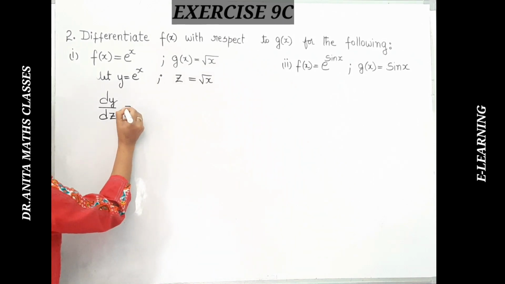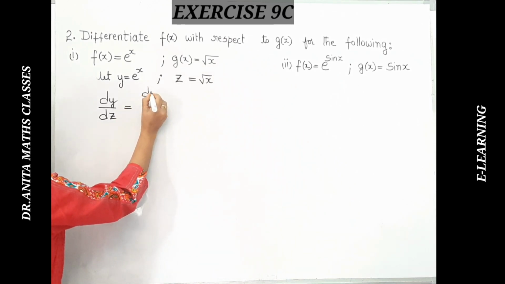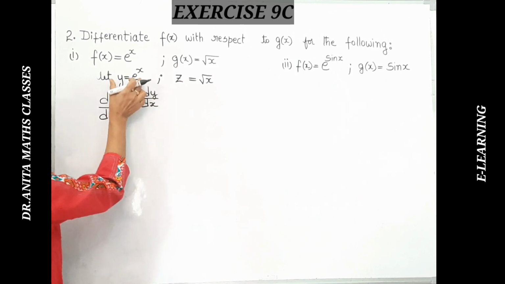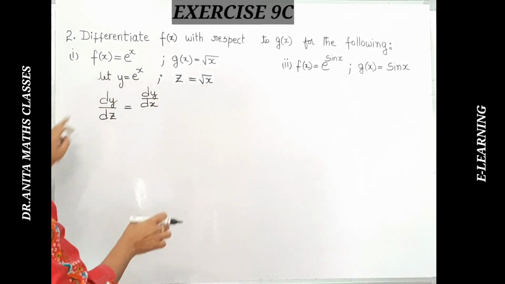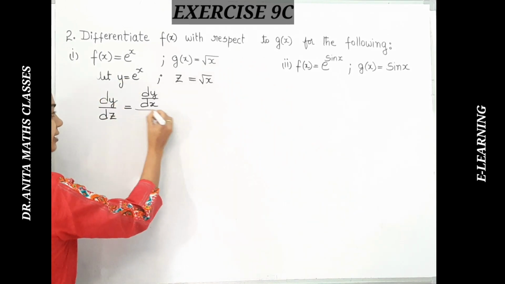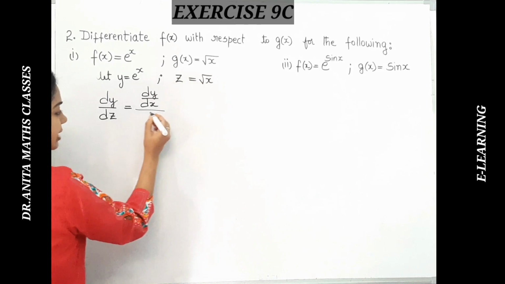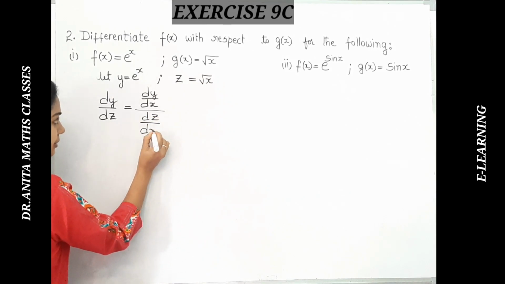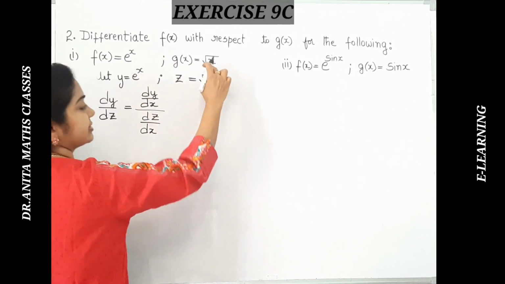So how do we get this? If I differentiate the first function with respect to x, I get dy by dx, and the second function, that is z, with respect to x again, because we have the functions in x, isn't it?